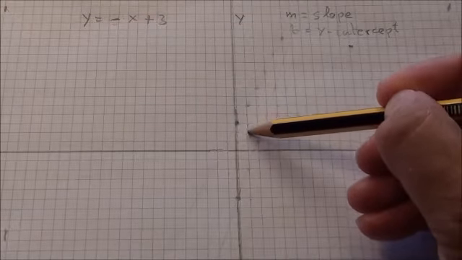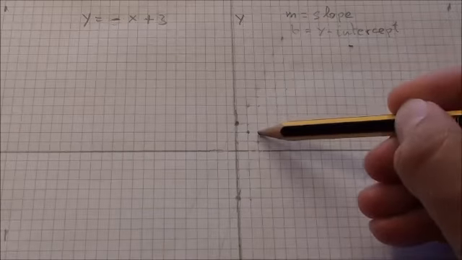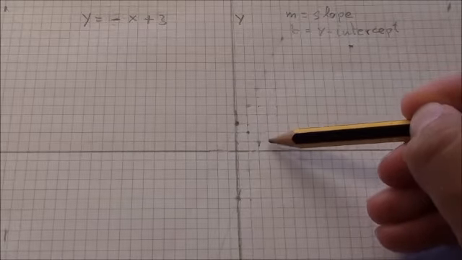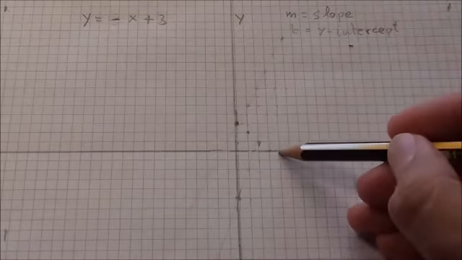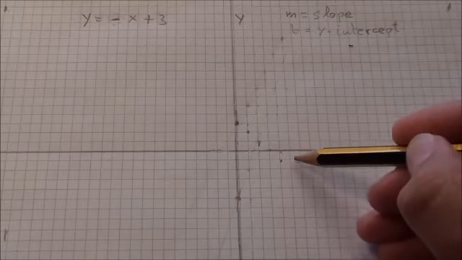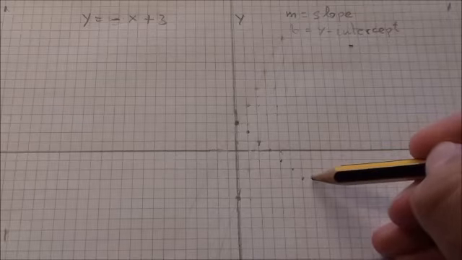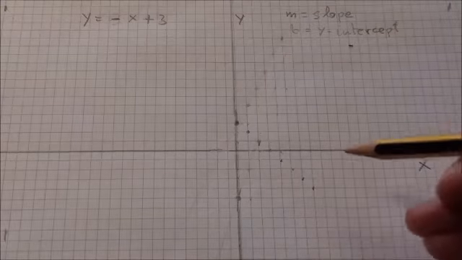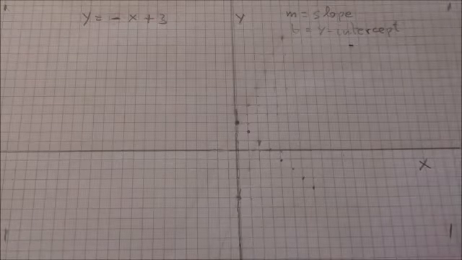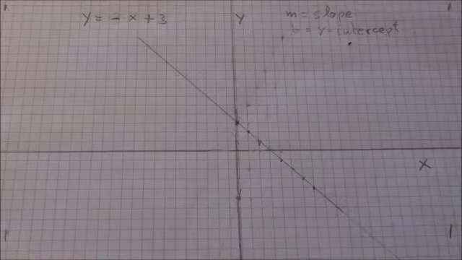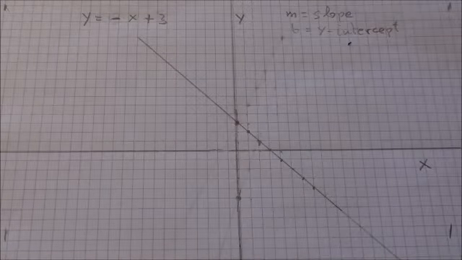So 1 forward, 1 down, 1 forward, 1 down, 1 forward, 1 down. Let's connect the dots. And here's our line.